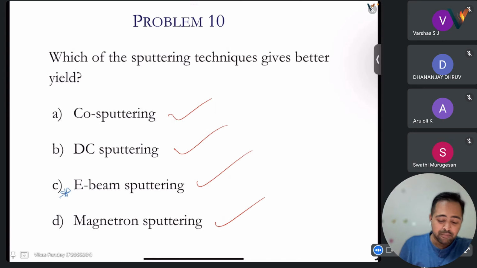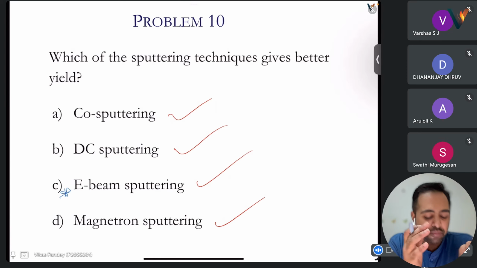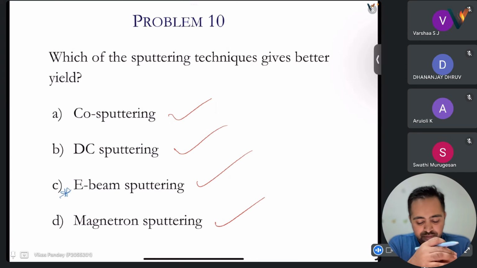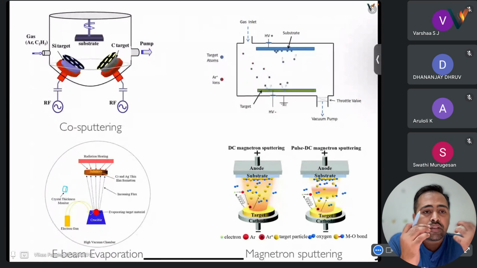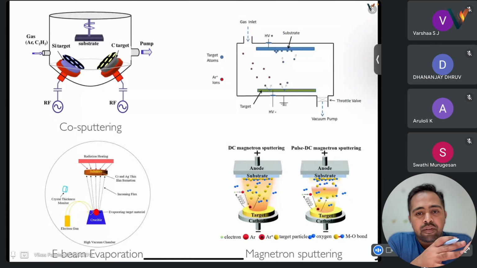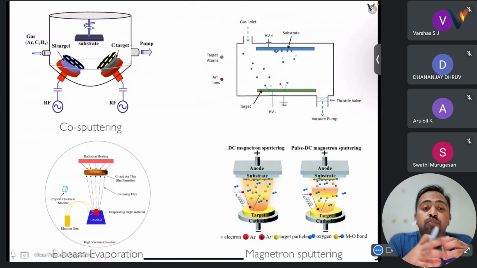Okay, before going into that, let's see the difference. Then I think you will be able to visualize it properly. So, what is co-sputtering? It is when we are using more than one target at the same time.